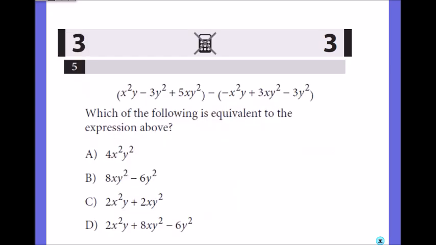Here, which of the following is equivalent to the expression above? So here you're subtracting, so you have to be very careful with the signs. You have to distribute the negative to all three terms, not just the first one. That's a common mistake. Negative times negative is positive. So basically, you're just flipping all these signs. Once you multiply by negative, you flip the signs and then combine like terms.